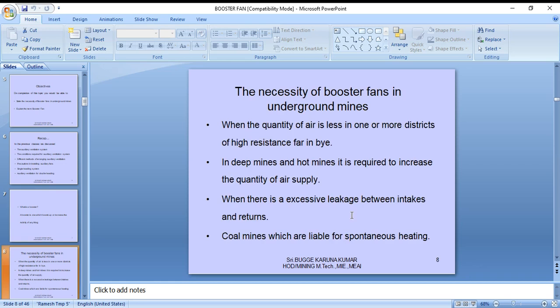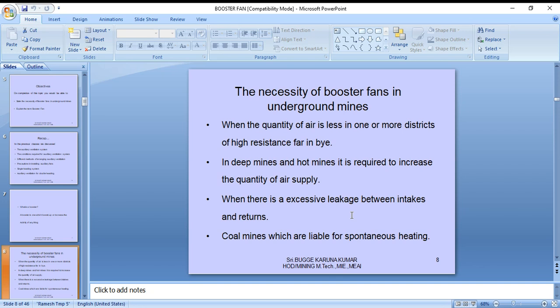Basic definitions. What is meant by necessity of booster fan installations in mine galleries? When the quantity of air is less in one or more districts of high resistance in deep mines and hot mines, it is required to increase the quantity of air supply.